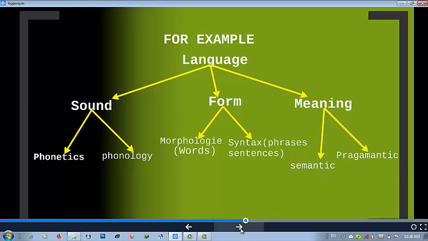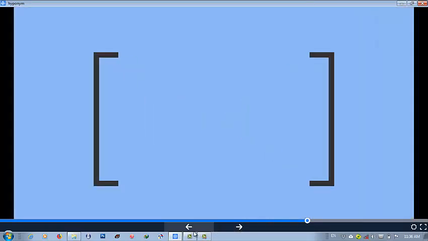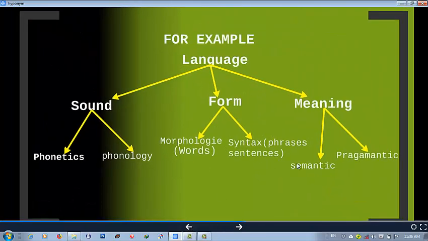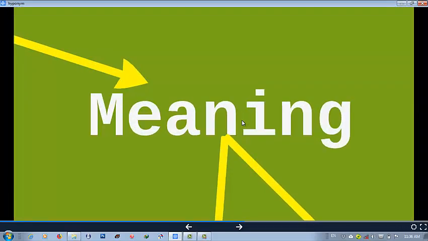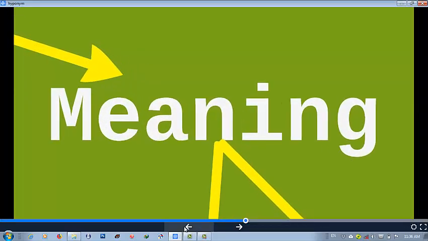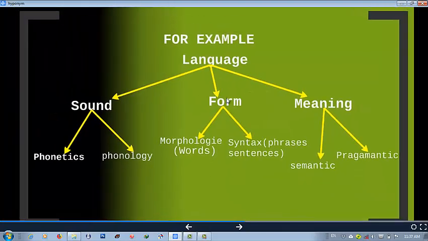So pragmatics and semantics are parts of the meaning, and meaning, form and sound are parts of the language. Okay, here we go to the next one.